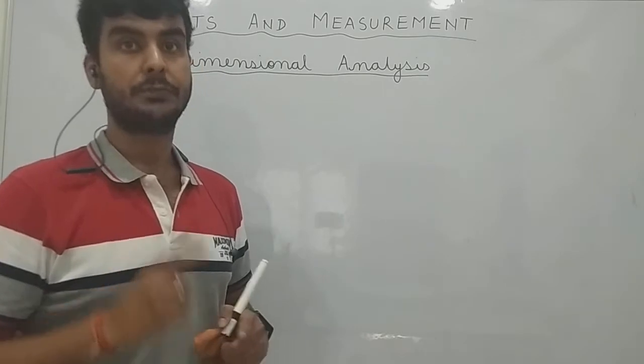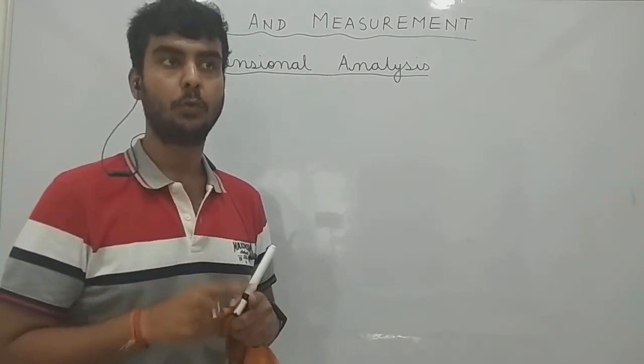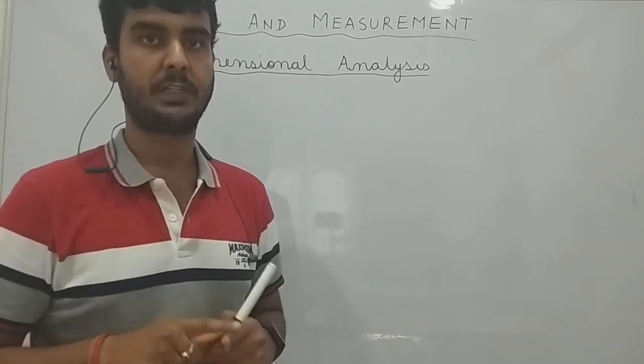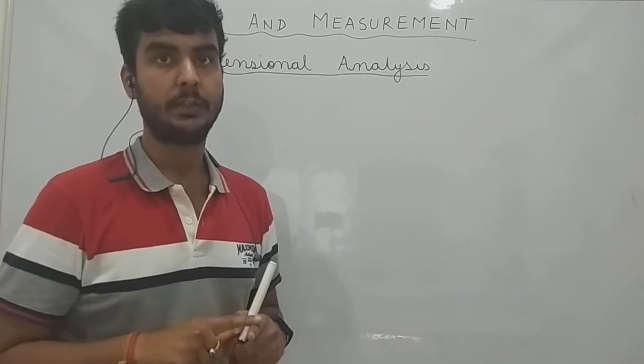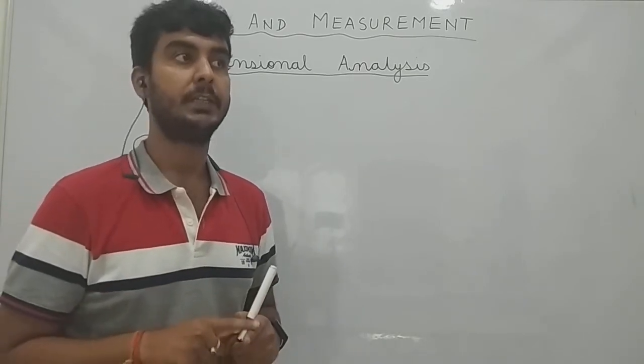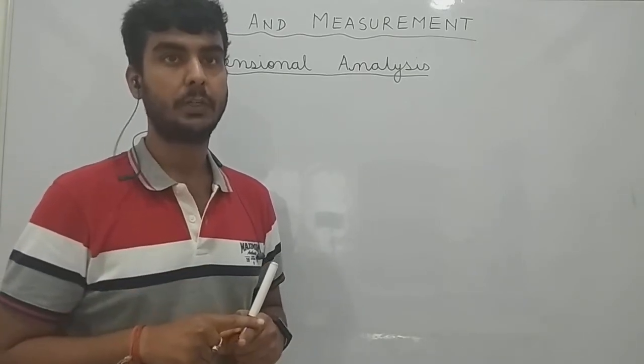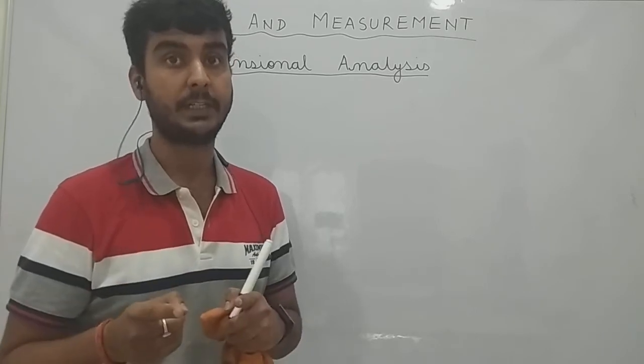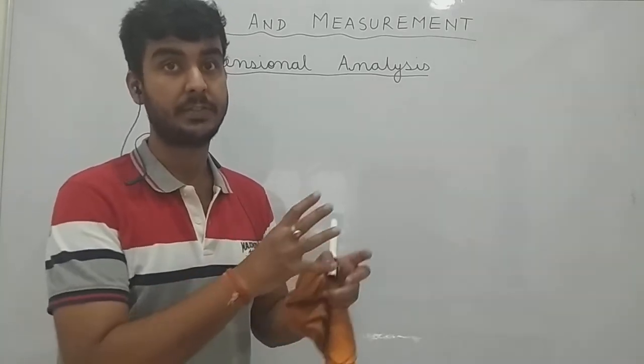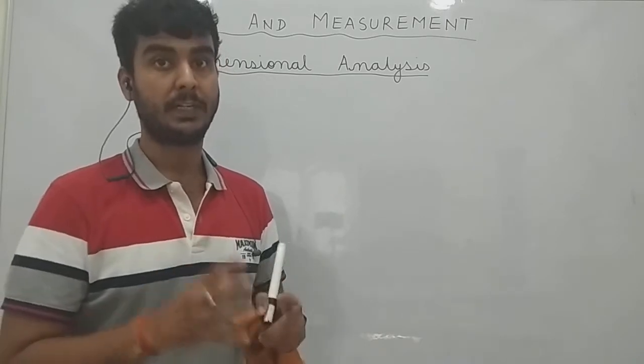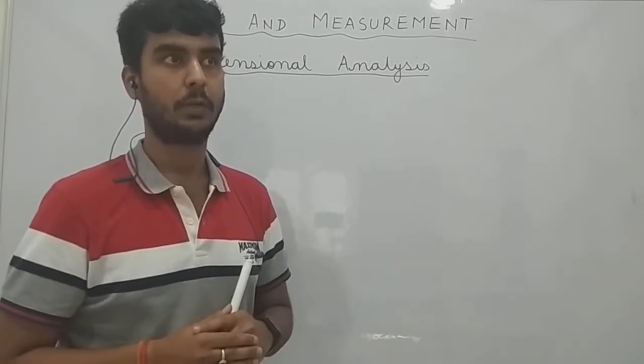During the introduction of chapter Units and Measurement, I have told you that there are two types of physical quantities, fundamental quantities and the derived quantities. Now there are 7 fundamental quantities and the derived quantities are expressed in terms of these 7 fundamental quantities.